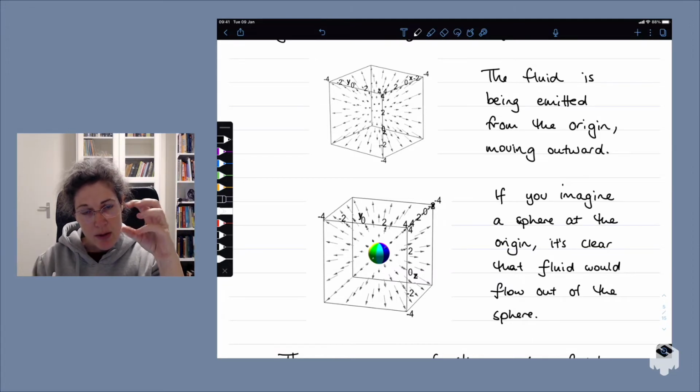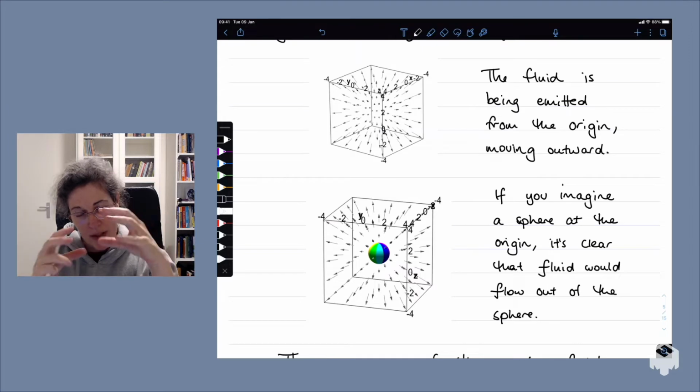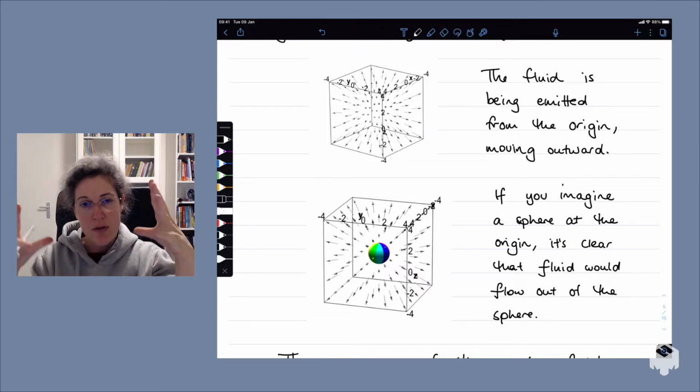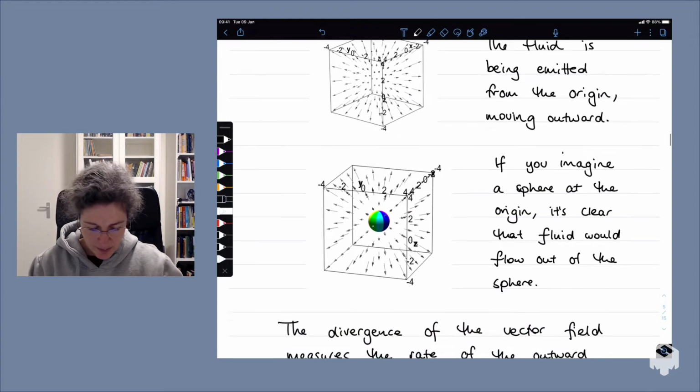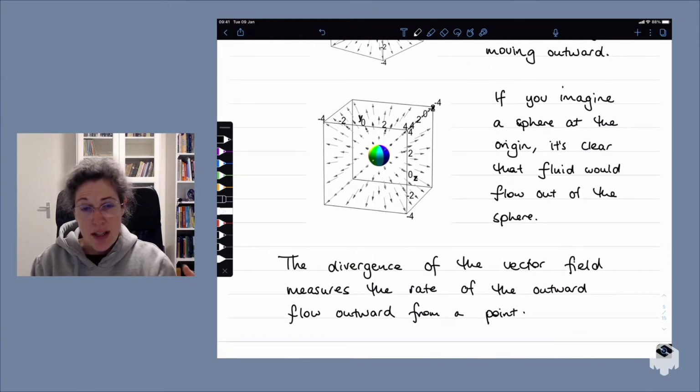If we think about a small ball around that source, we're always getting a net outflow of fluid, field, whatever it is. And essentially what our divergence captures is the rate of outward flow from a point.